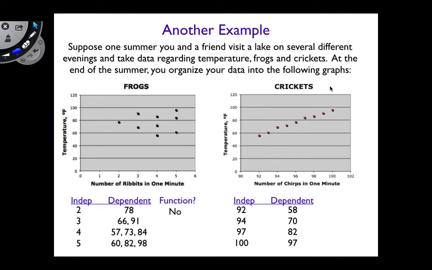But in any case, all we need for this to be a function is whatever we're declaring the independent variable to be to correspond to, at most, one dependent variable value. So each dependent variable value is uniquely determined by an independent variable value. So for the second one, the temperature is a function of the noises that the crickets were making.